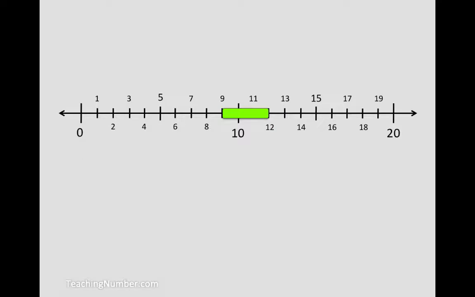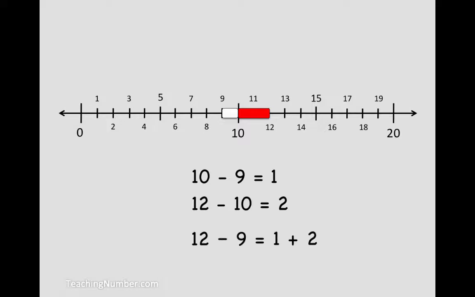Well, the first part would be the distance from 9 to 10, which is 1, and the second part would be the distance from 10 to 12, which is 2. So the distance from 9 to 12 is equal to 1 plus 2, which is 3.